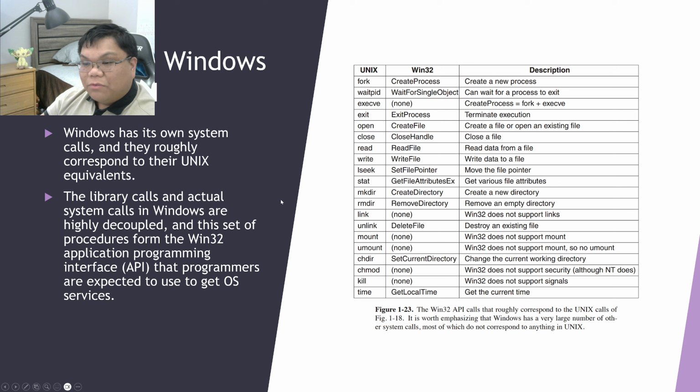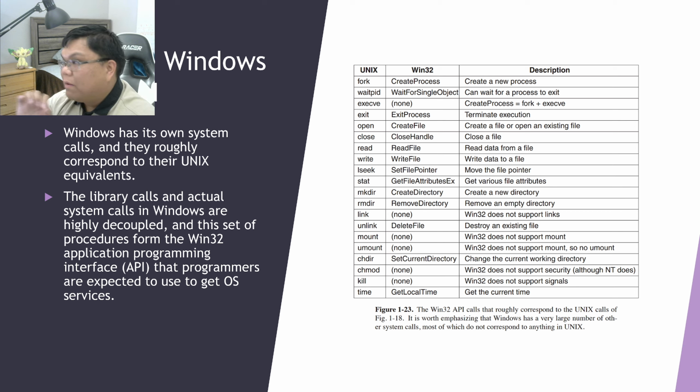The Windows Win32 API. Windows has its own system calls, and they roughly correspond to their Unix equivalents. Not perfectly, because the Win32 API might have system calls that are unique to it, and Unix might have system calls that are unique to it. But a lot of the important ones, such as fork, open, close, read, write, have equivalents in the Win32 API.